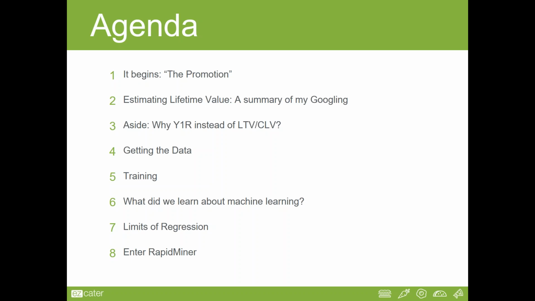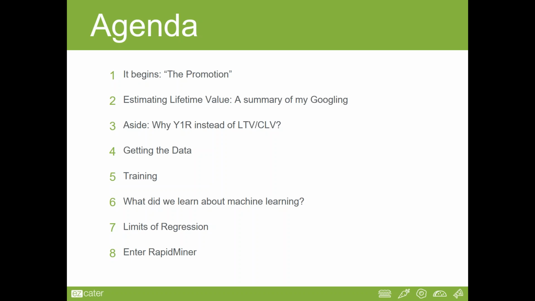That led us to trying to figure out how we estimate lifetime value. How do other people do that? What are the best practices in this area? So we'll do a summary of my Googling. We're going to take a little aside to do some definition of terms, because what we actually predict is year one revenue. And we'll talk about how that is different from long-term value or customer lifetime value.